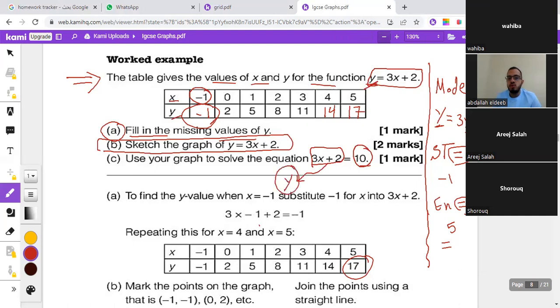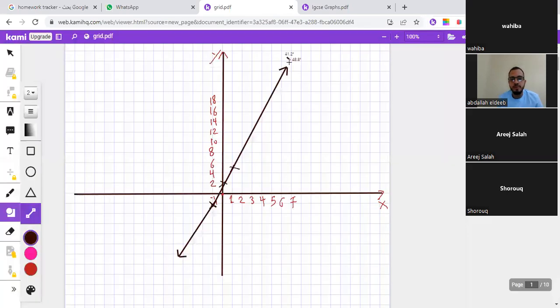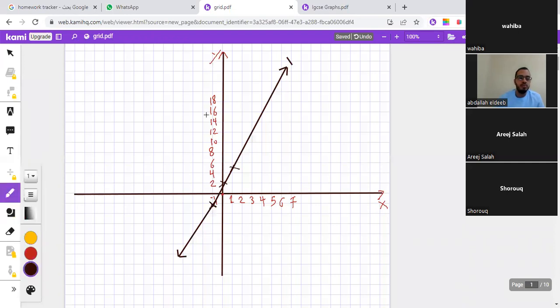So y equals 10. So now I have y equals two values: y equals 10 and y equals 3x plus 2. This line is 3x plus 2.